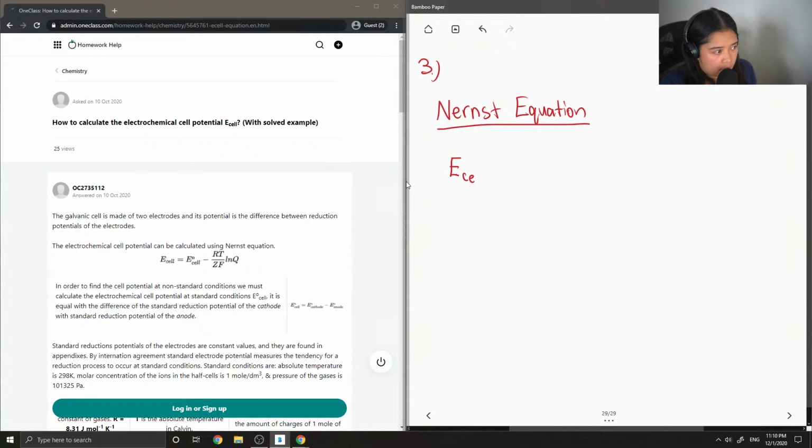So this is the potential of the cell. Then I'll just define everything as we go along.